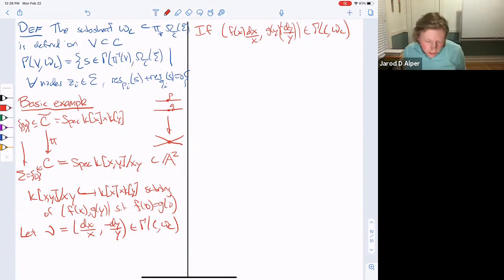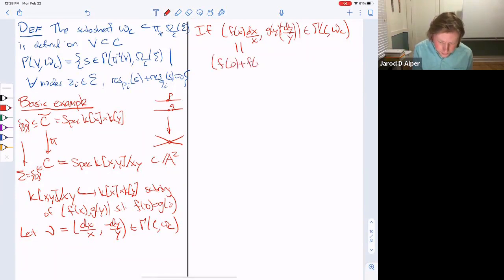Right. So let's realize that this differential, in fact, can be written as, I claim, this is equal to, let me write it this way, times mu. Hold on. Okay, let me take a step back.